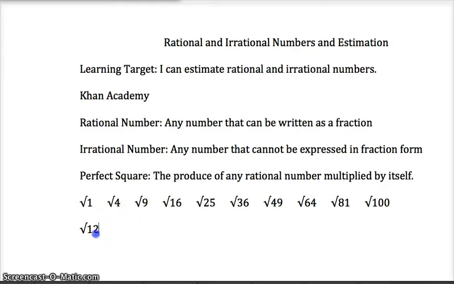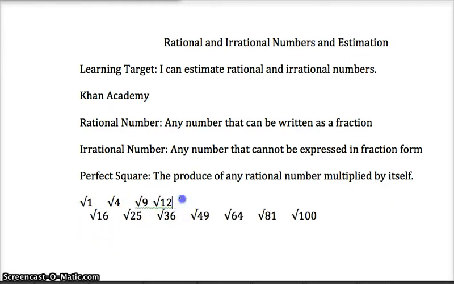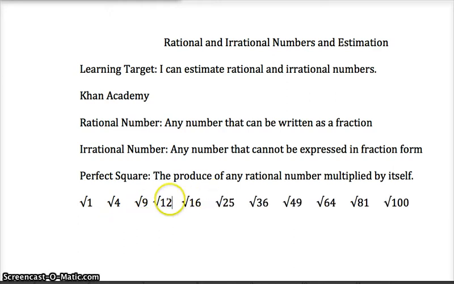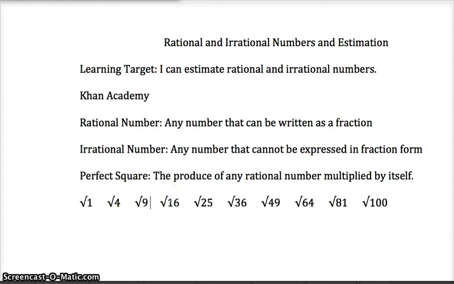So the square root of 12 on the number line would go right here between the square root of 9 and the square root of 16. Even though 12 is not a perfect square, it's going to be somewhere between 9 and 16. That's where I get the word in-betweeny.